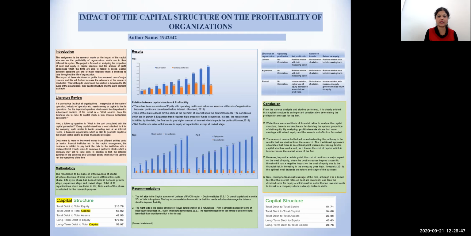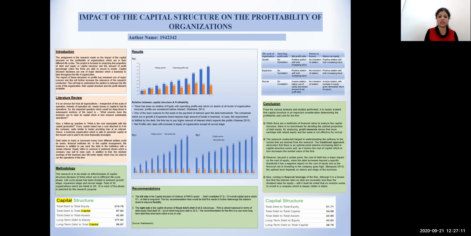But it is not the case at the revival stage. At the revival stage, profits are not increasing because though they have high equity, the profits are not getting recorded. Due to the low confidence of the shareholders, they get involved in management decisions, which will affect the performance of the organization.